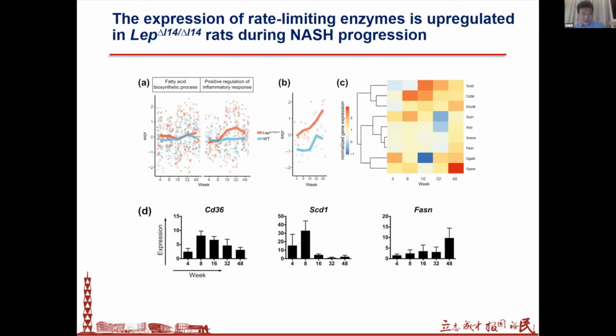Very interesting, when we look into the lipid metabolism, the overall expression of the genes did not change much between the mutant and wild type. However, we observed that the liver's status is actually correlated with elevated gene expression of a small number of rate-limiting enzymes, and you can see the list over here.